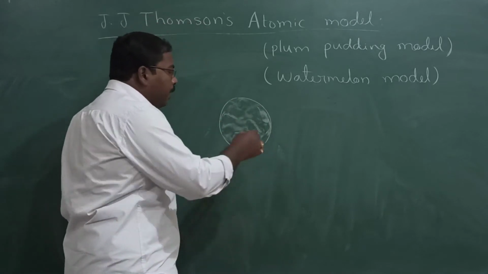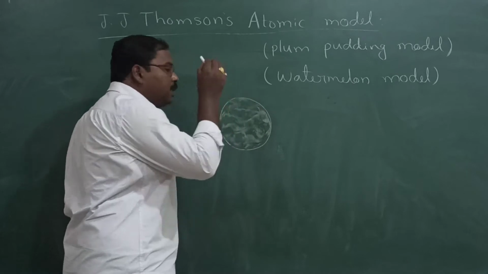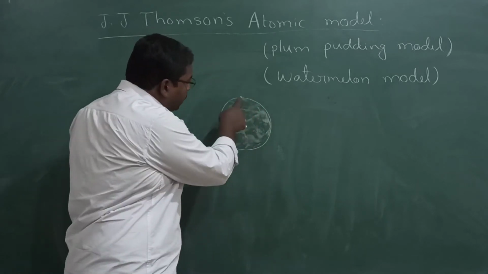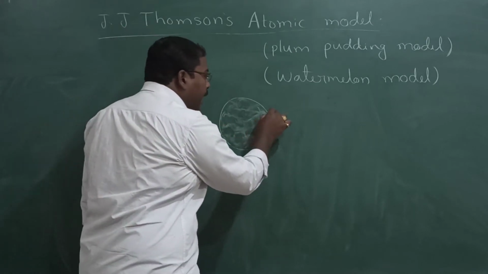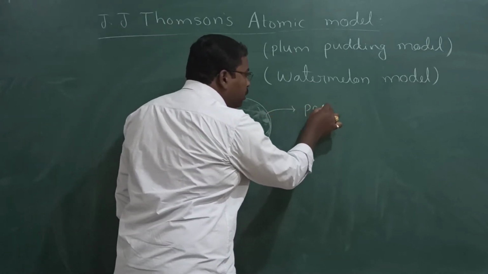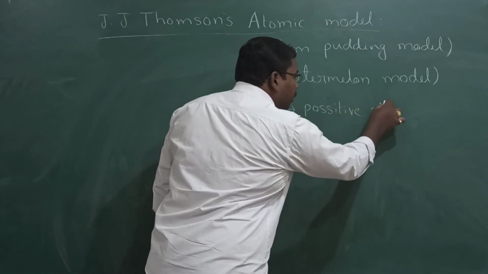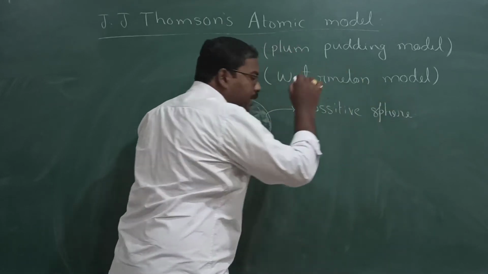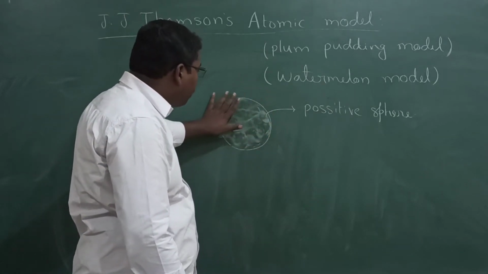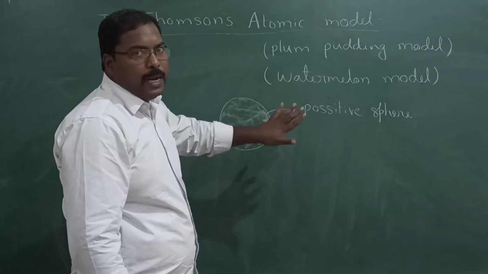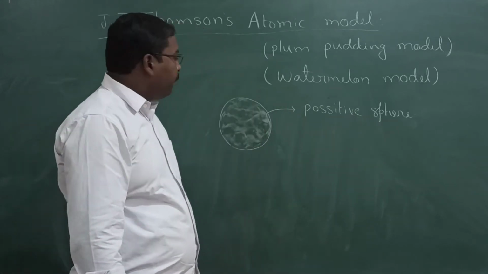According to Thomson, the positive charge is spread throughout the atom like a positive sphere. All the protons, nothing but the positive charge of the atom, is spread throughout the atom in a spherical manner, which is known as the positive sphere.